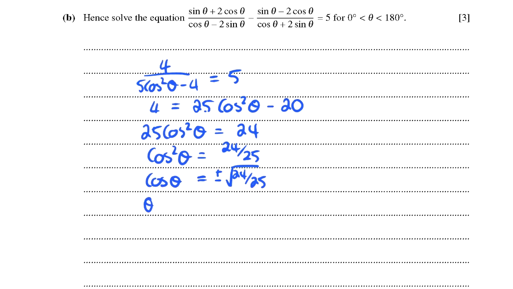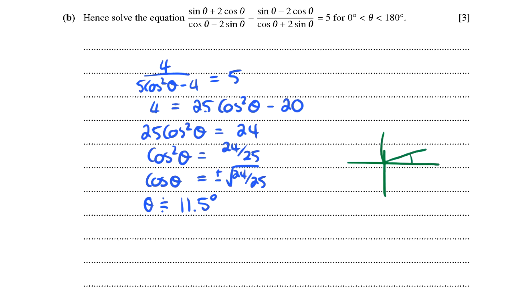Do the inverse cos of the square root of 24 on 25, and your calculator will tell you 11.53. Round it to 1 decimal place, 11.5 degrees. Because the cos of the angle can be positive or negative, it can be in any quadrant.